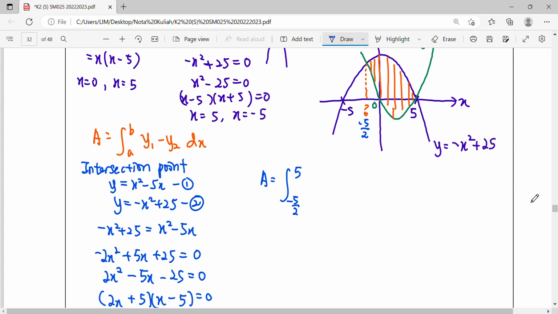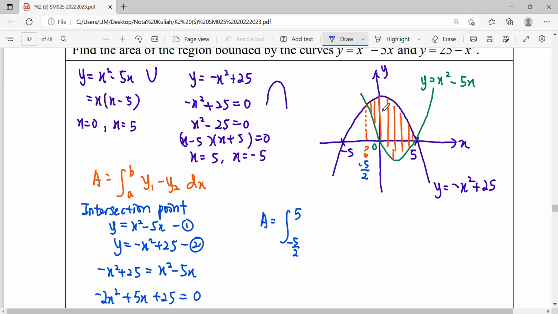Two curve concept. So the curve above, which is this blue curve, negative x squared plus 25, minus the curve below, which is the green quadratic here, x squared minus 5x dx.